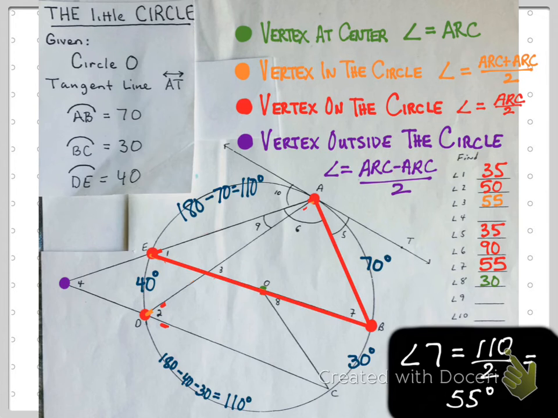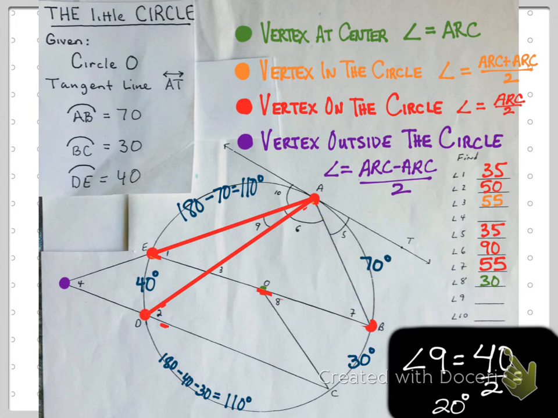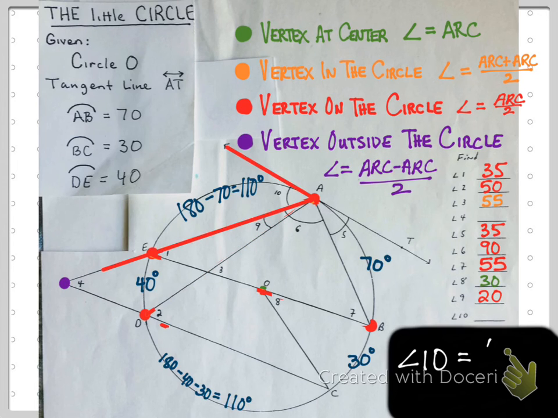So we take 110, divide by 2, and angle number 7 is 55 degrees. Angle number 9, again, its vertex is on the circle. It intercepts a 40-degree arc. 40 degrees divided by 2 is 20 degrees, so the measure of angle 9 is 20 degrees. And if you look at the measure of angle 10, it intercepts an arc that goes from A to E. That's 110 degrees, so the measure of angle 10 is 55 degrees.